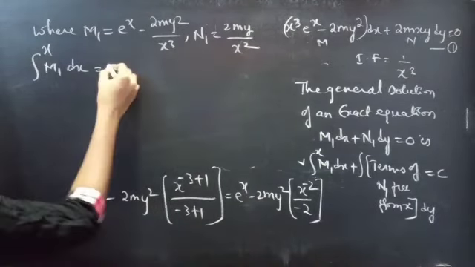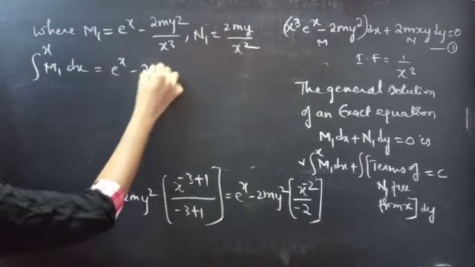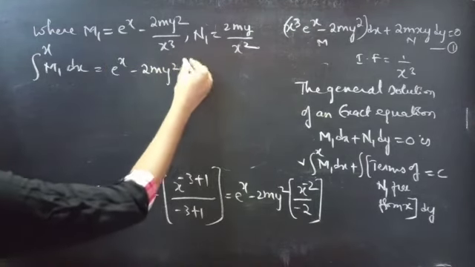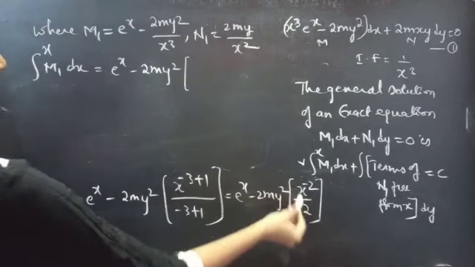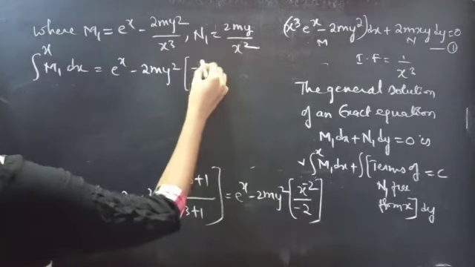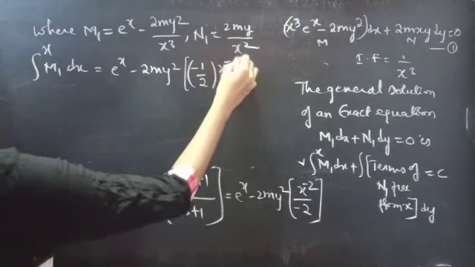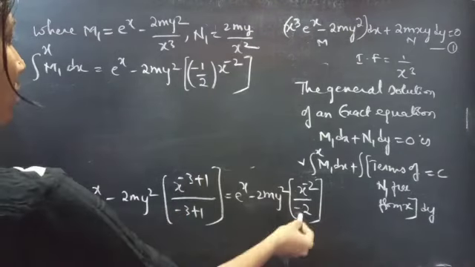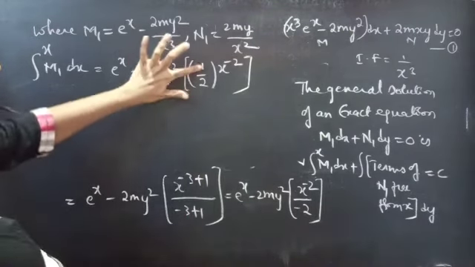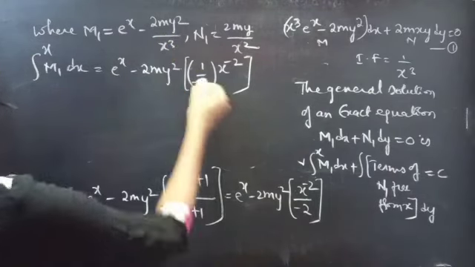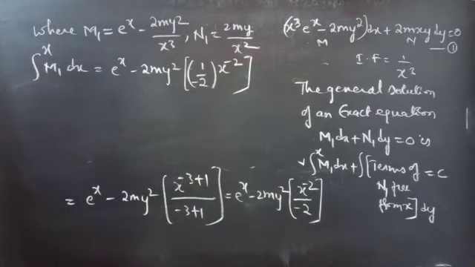Then this becomes e power x minus 2m y square into, we can split this as 1 by minus 2 into x power minus 2.